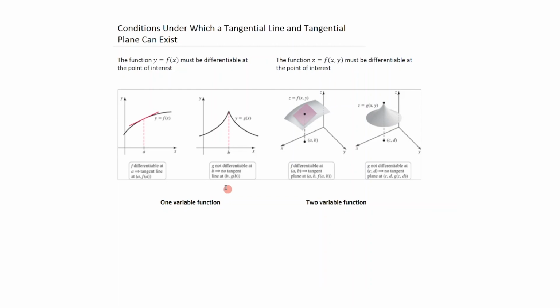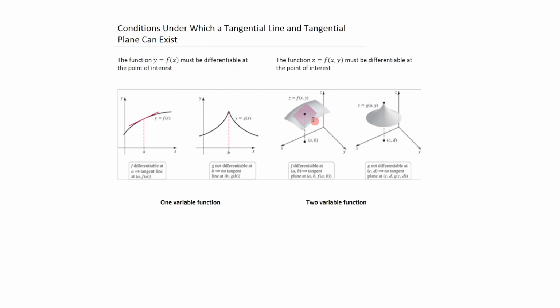Now let's expand the notion of tangent from 1D to 2D. If we have a curve, we call it a line. If we're dealing with a surface, it's a curved surface. If we're dealing with a tangential line for one variable, then we're talking about a tangential plane for two variables. And this can be extended to higher dimensions.